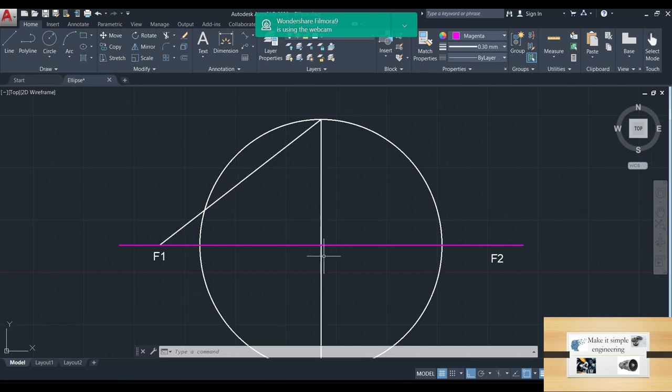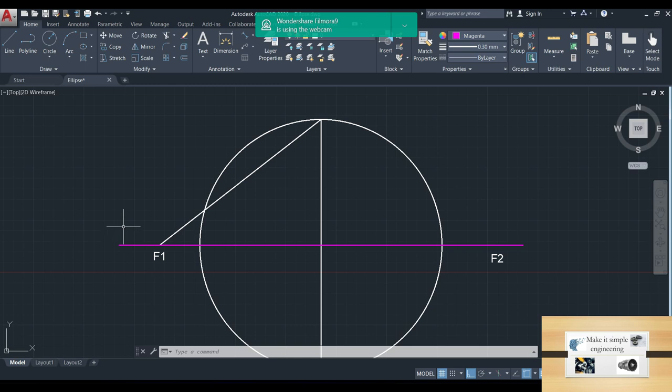Okay, that's how we have to plot the vertices and foci. Initially we have to plot the foci, that is F1 and F2. Then we have to draw a circle of diameter 60, that is the diameter of the minor axis. And then we have to measure this distance and plot it on the major axis.